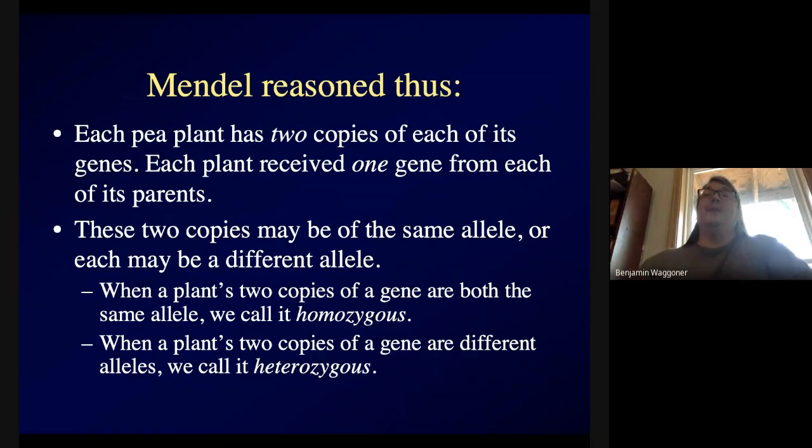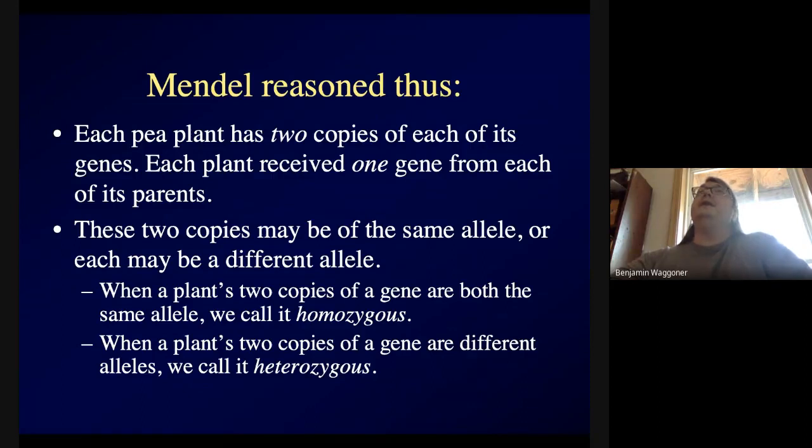Every pea plant got 1 gene from mom and 1 gene from dad, and every pea plant will pass on 1 or the other, but not both, of every pair of genes that it's got. Those 2 copies might be of the same allele, or each could be different.